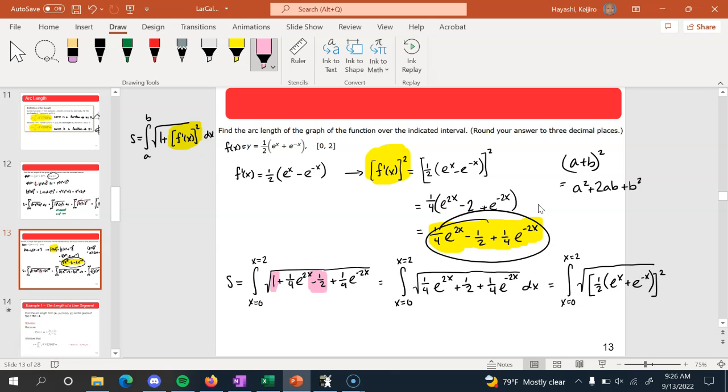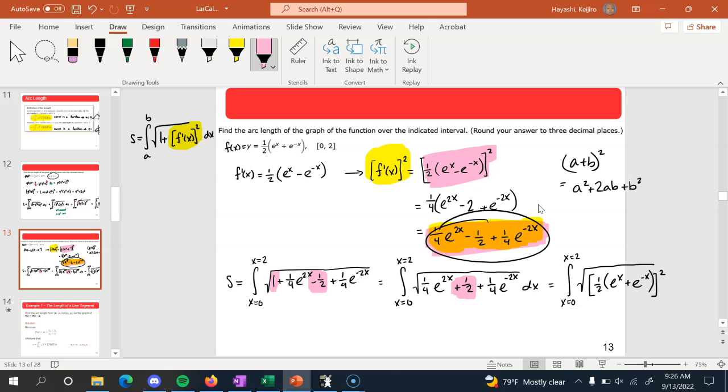Right, because basically the square of 1/2 times e to the x minus e to the negative x, like this, becomes this, 1/4 e to the 2x minus 1/2 plus 1/4 e to the negative 2x. So the only difference is that it's a plus 1/2.